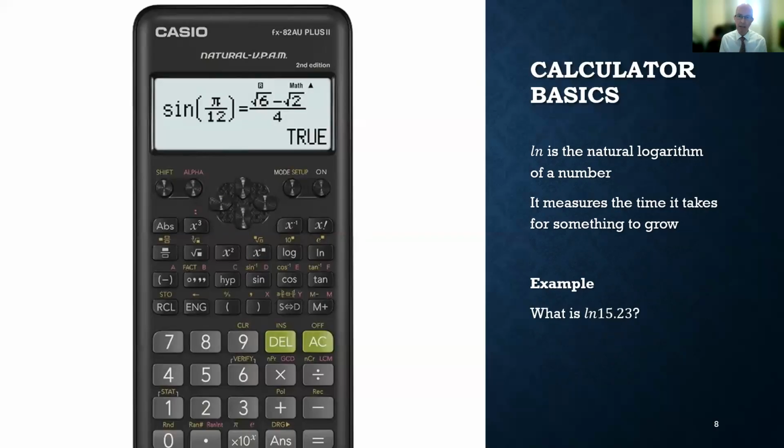The way we achieve that on this calculator is we enter ln 15.23, close brackets, equals, or alternatively, which I do prefer that students get used to doing, ln, open brackets, 15.23, close brackets, equals, and that will give us the answer of 2.7232677.